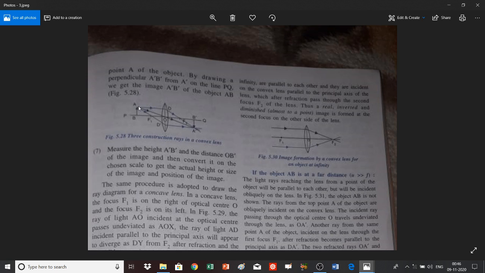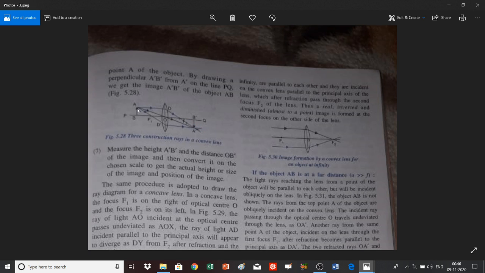Another ray passes parallel to the principal axis, and after refraction through the convex lens, it will pass through the second principal focus point and move in this direction.